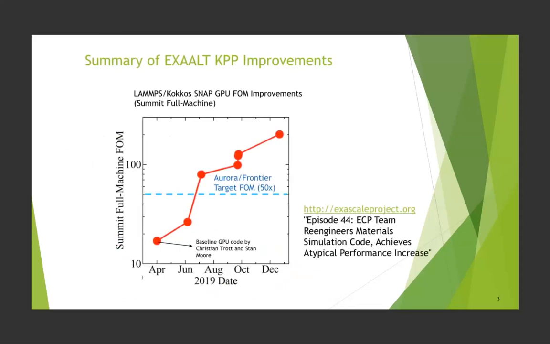So not to bury the lead, I want to summarize the result of all of that work over the last year on this slide, which represents calendar date on the x-axis, and on the y-axis is the EXAALT FOM, or figure of merit, a unitless number based on the performance of the original SNAP Kokkos implementation on the full Mira machine.